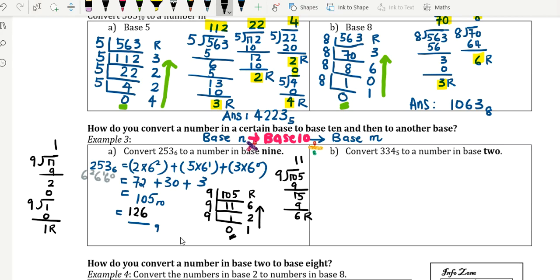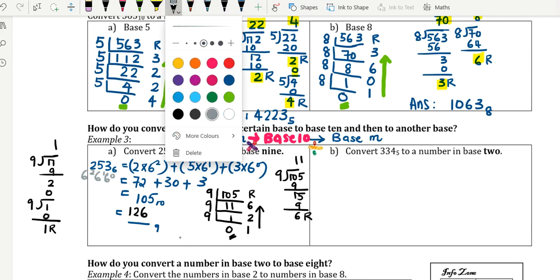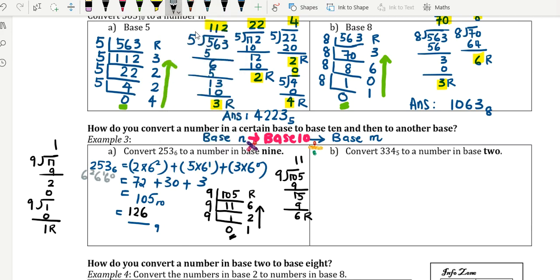Okay, continue with part 2, B now. Convert 334 base 5 to a number in base 2. From base 5 to base 2, also you have to go through base 10. Convert back to base 10 first.